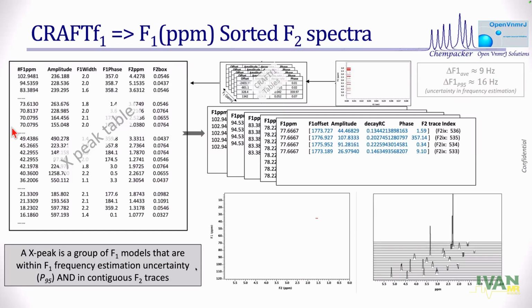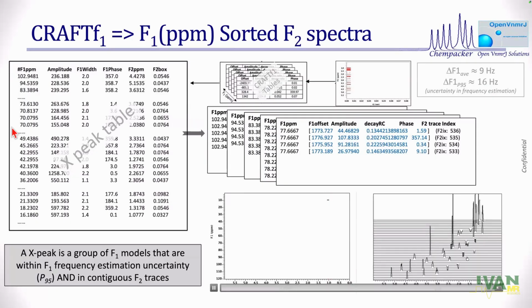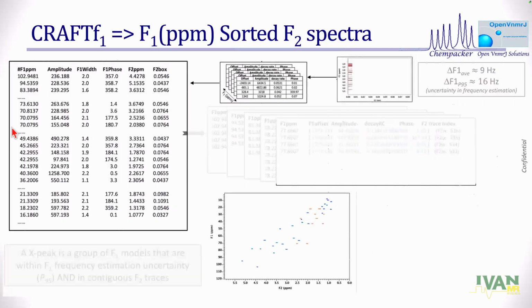I simply project that, and I get an F2 spectrum at every F1 chemical shift, going from that interferogram straight to this table, straight to this. That interferogram leads to this. Fully sorted. It's not a projection along the F2 dimension. It is a slice projection at every individual F1 chemical shift.